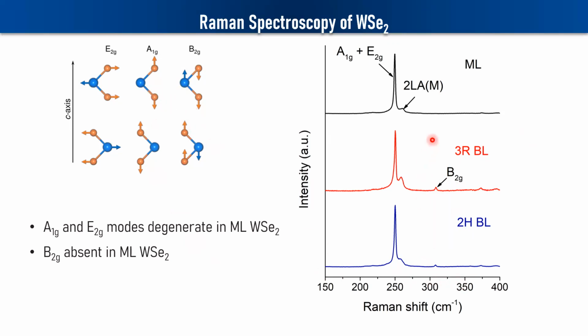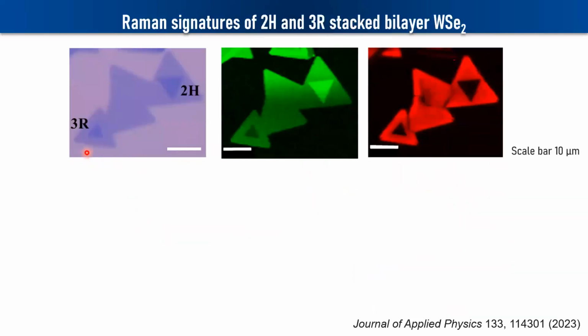So by looking at whether you have the B2g peak or not, you can clearly say whether it is a monolayer or a bilayer or multilayer WSe2. This is the optical image having both the 3R stacked and the 2H stacked WSe2.